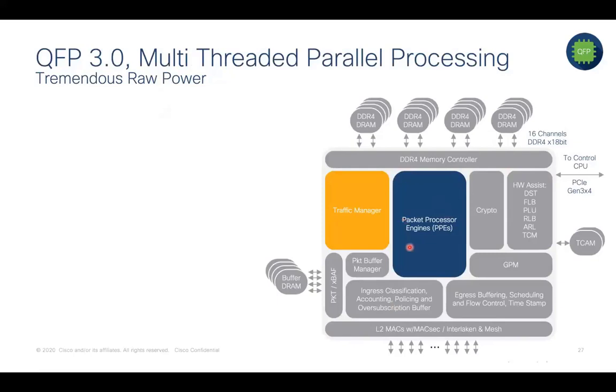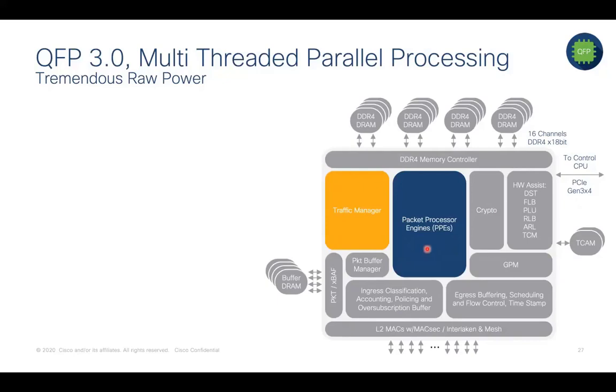That means you have a total of 896 threads, where 896 packets can be simultaneously worked on at any given moment. Think of it and compare it to any CPU driven platform, like for example the ISR G2 in the past. We used to serve 1 packet at any given moment, and now this takes it to 896 packets at any given moment, right? Almost 900% improvement there.